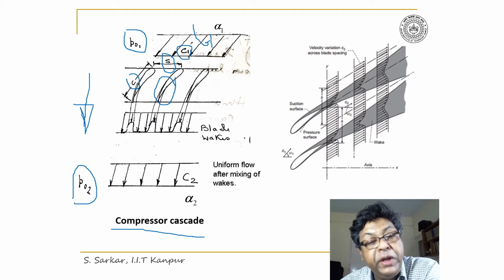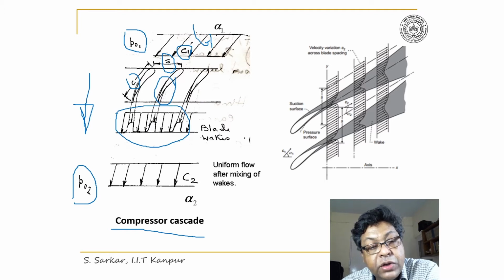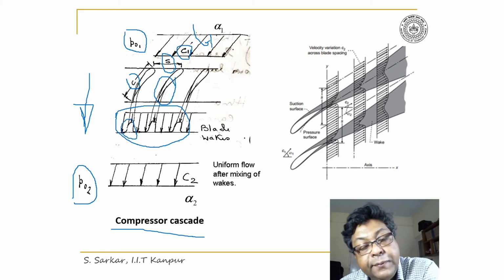And due to the formation of boundary layer on the blade surface, immediate downstream of the blade, the wake will appear with a velocity deficit. So the velocity profile will not be uniform. I have illustrated here a high velocity deficit.